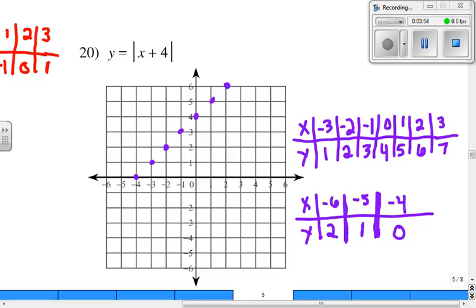So let's see if this gives us the V shape that we're looking for. And it does. Now we know that this would be extending on. This is plenty. We have an equal to, so we're going to draw our line in. Very good.